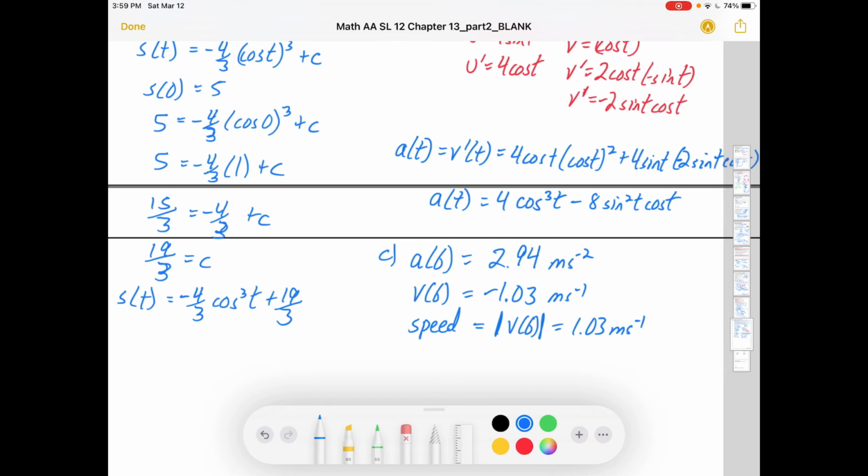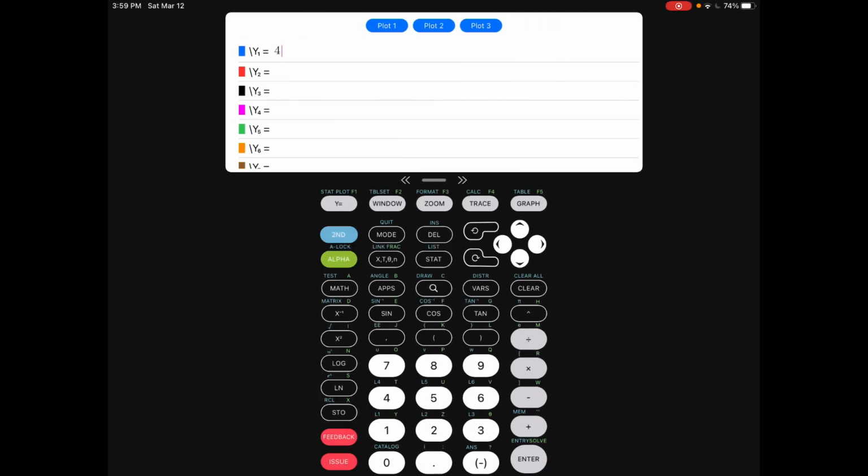Now, getting the correct acceleration depends on you doing part B correctly. I want to walk you through how you could do this if you just had the velocity function, or what's given to you. In our calculator, I'm going to put 4 sine x brackets. I'm going to open another set of brackets, and I'm going to put in cos x, close, and squared. That's what cos squared means.